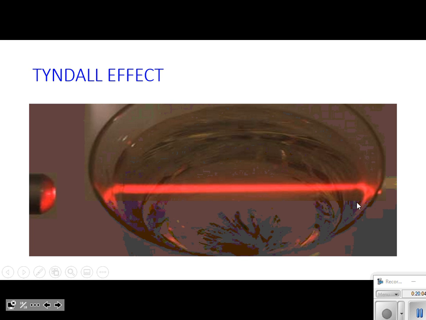Absolutely. That tells me that that light is bouncing off those colloid particles. So if you shine a light through the liquid and you don't see the light, that's a solution. If you shine that light through there and you see the light, that is a colloid.